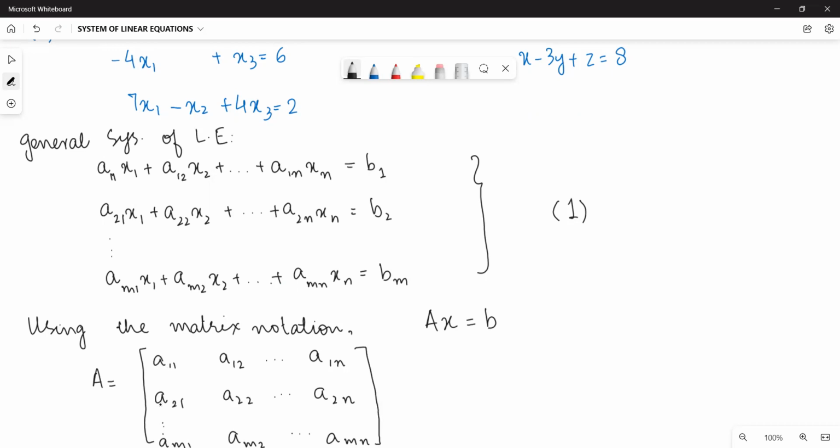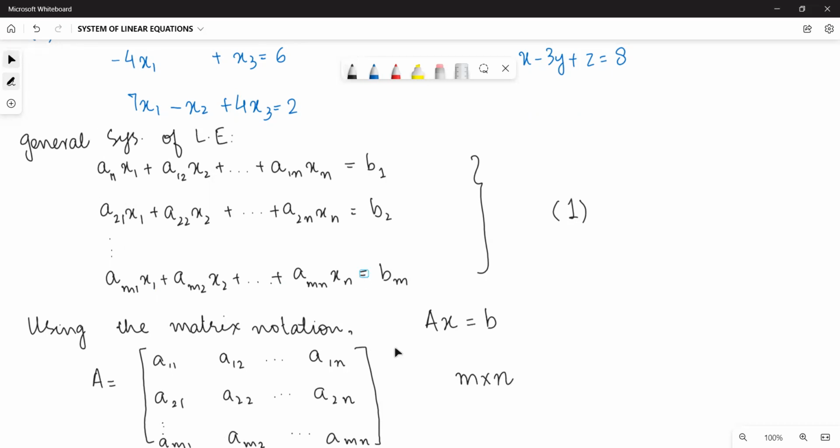We see here, since we have m equations, 1, 2 up to m equations, we have m rows and n columns. So this is our m by n matrix A.